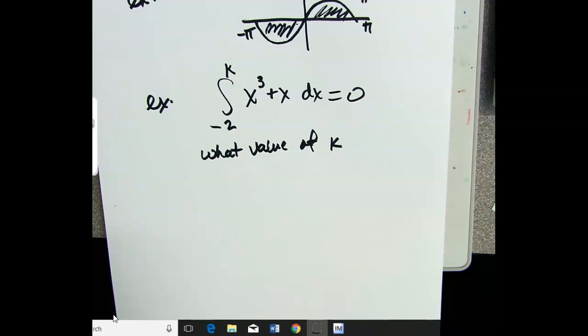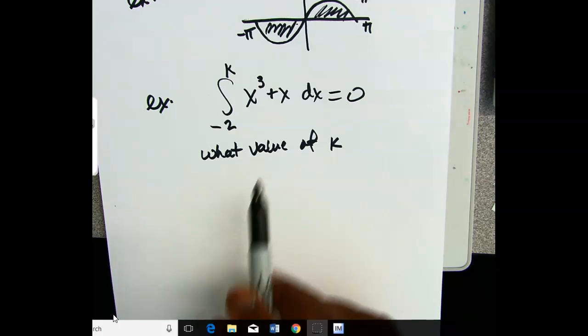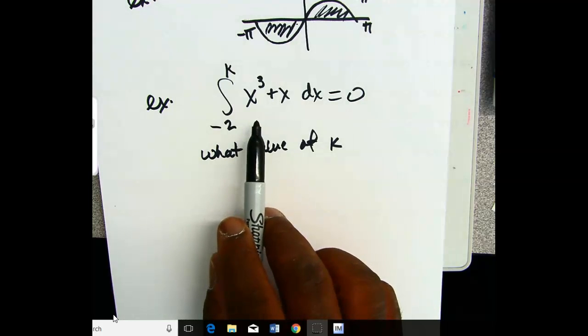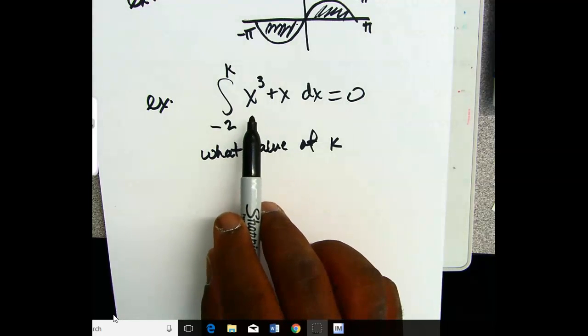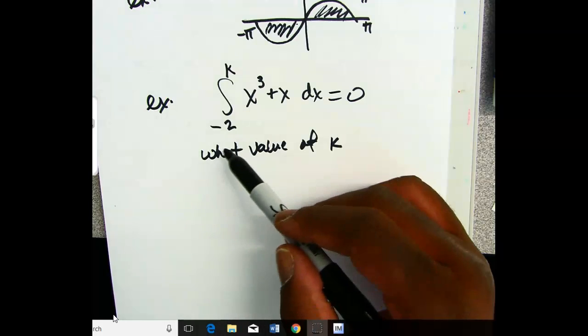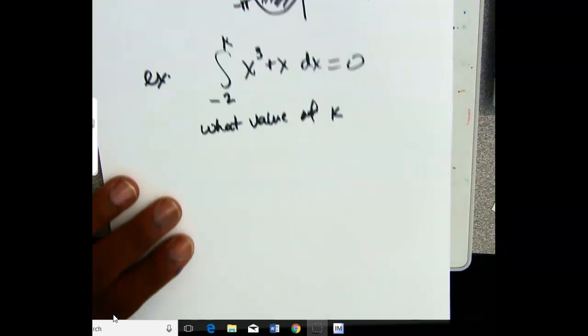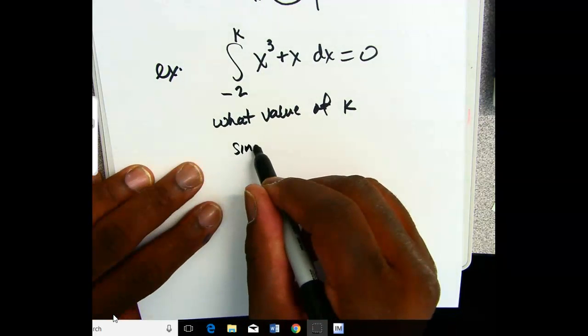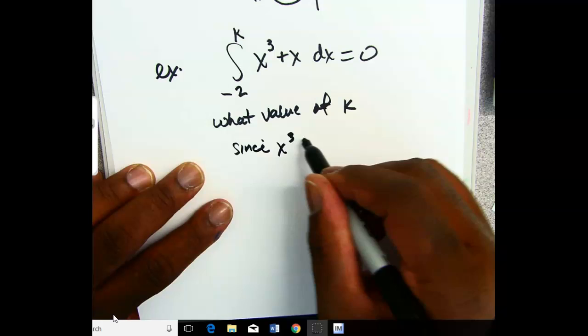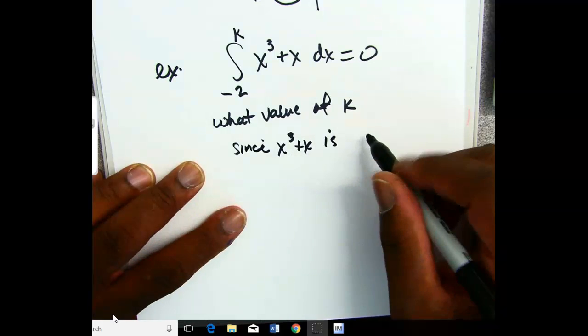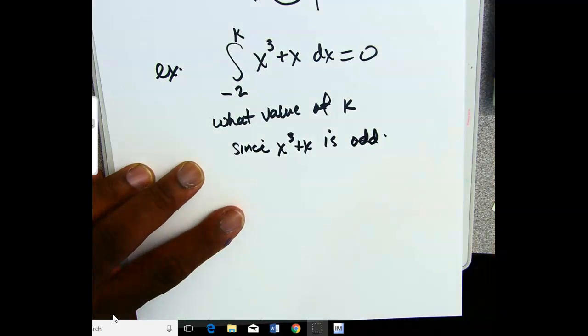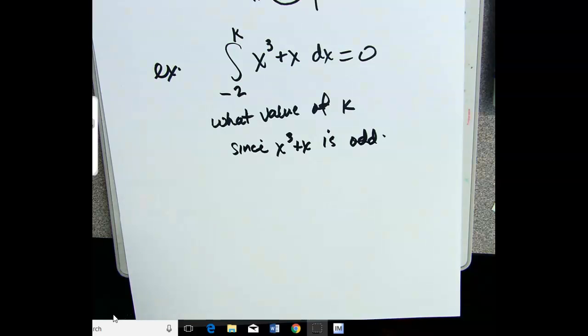Okay, the only way that's true is if this is an odd function. If this is an odd function, then the integral from negative a to a is 0. Is this an odd function? Since x cubed plus x is an odd function, then 2 would be a solution. If this were even, then that would not be the case.